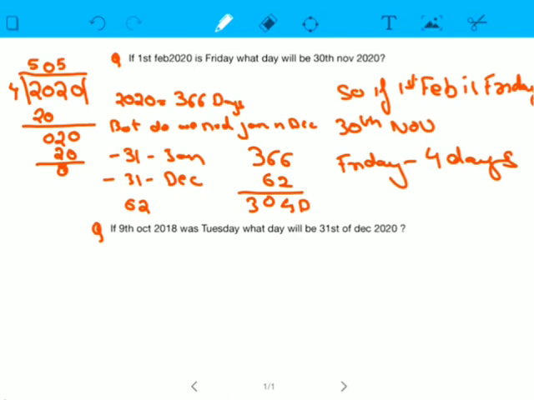So Friday going backwards is first Thursday, Wednesday, Tuesday, and then Monday. So then we figure it out: 30th November is Monday.